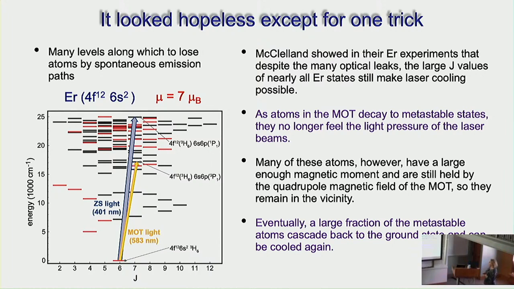He found that because of the large magnetic moment of these atoms, those atoms that fell out of the so-called laser cycle are not leaving the trap. They are kept by the quadrupole magnetic field in the trap and remain in the vicinity, and then eventually cascade to the ground state and participate again.